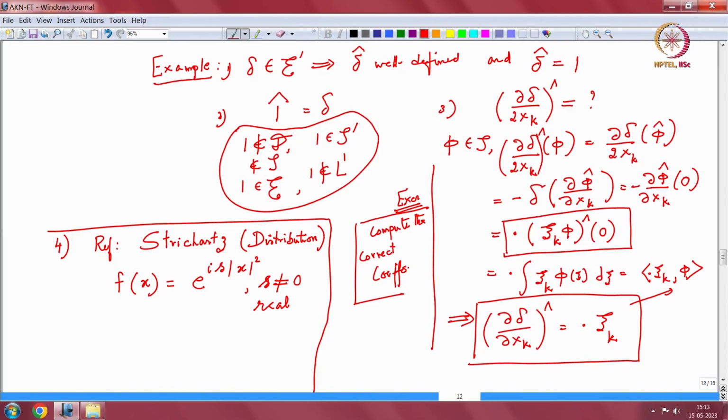Here I want to remark that this is not integrable. So you do not have the Fourier transform from that point of view, because e power i mod x squared is not an integrable function, as its modulus is 1. But this is a bounded continuous function, and that means that as a distribution it is a tempered distribution.